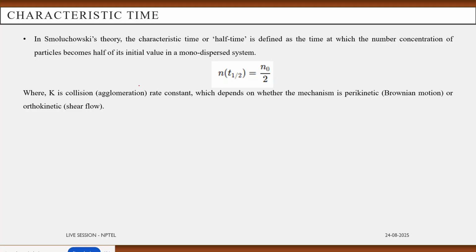We also want to define the characteristic time, that is the half time, which is defined as the time at which the number concentration of the particles becomes half of its initial value in a monodisperse system.